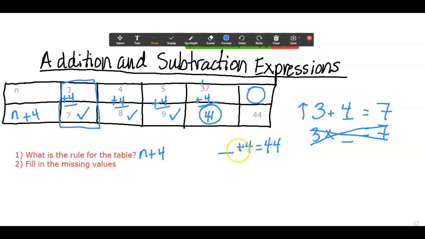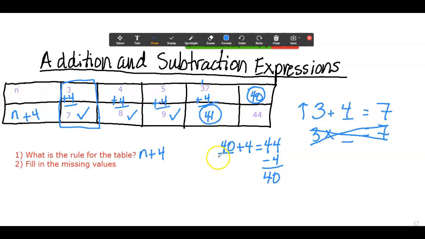So what number plus 4 would give me 44? If I do the opposite operation, and instead of adding 4, I take away 4, that gives me 40, and that would be my answer here. So 40 plus 4 is 44. This missing piece is 40.